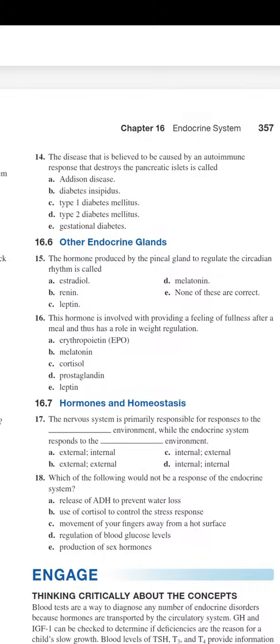Question 14. The disease that is believed to be caused by an autoimmune response that destroys the pancreatic islets is called autoimmune. It means that your own body destroyed it, and unfortunately this is the case of type 1 diabetes, where the immune cells attack the pancreas. The difference between type 1 and type 2 is that type 1, as I said, is out of your control.